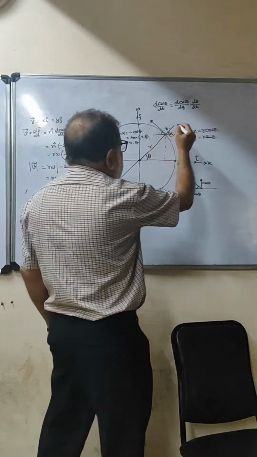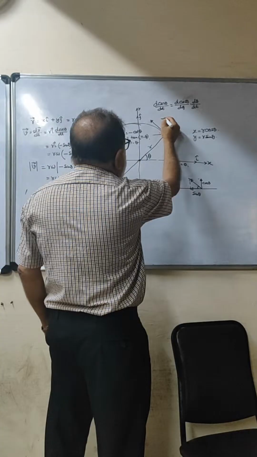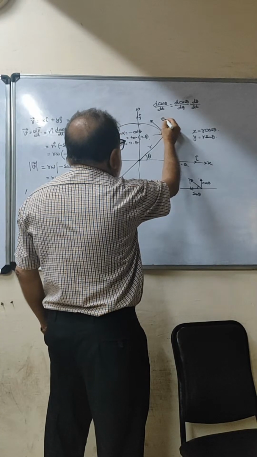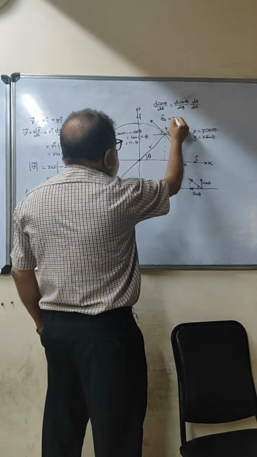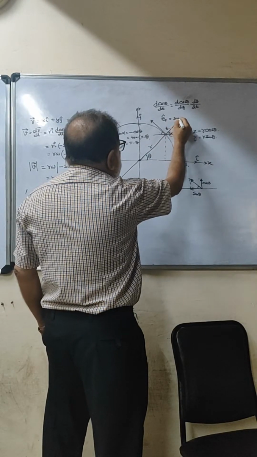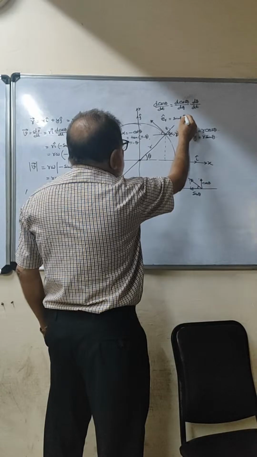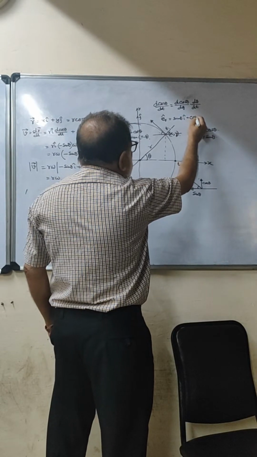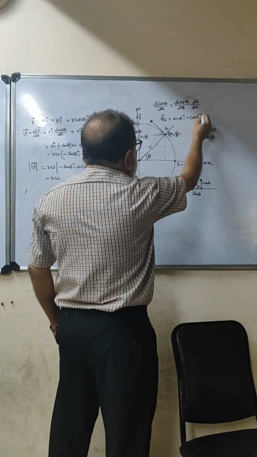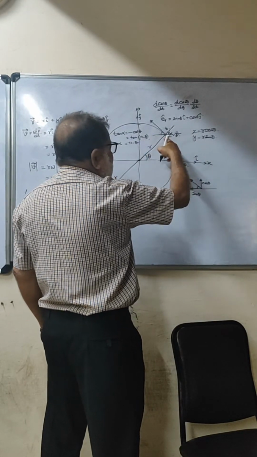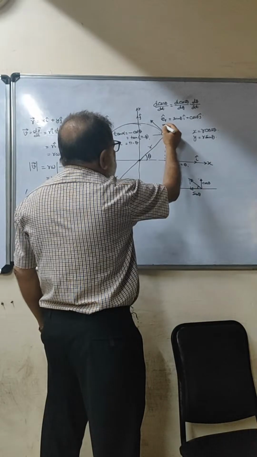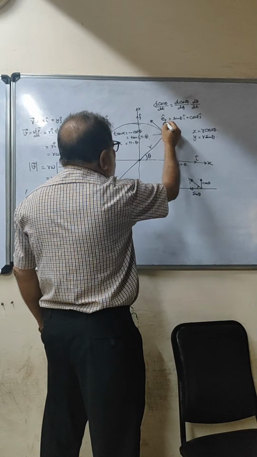Like position vector, unit vector along r bar is sin theta i hat plus cos theta j hat. This is the unit vector along radial direction. What is the unit vector along tangential direction?